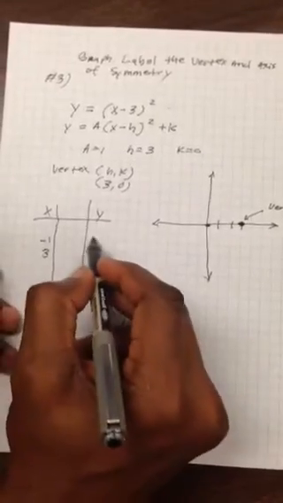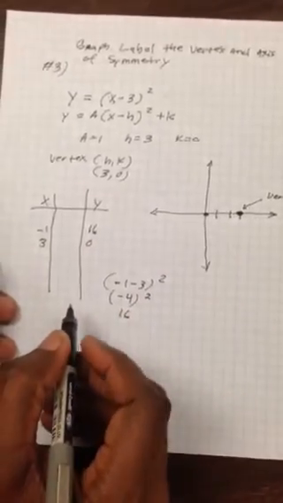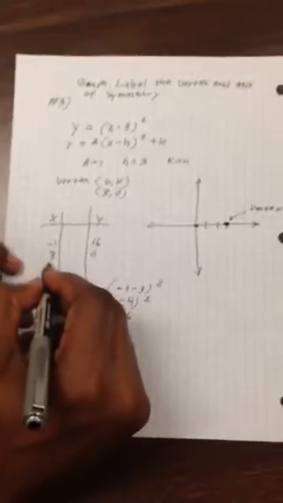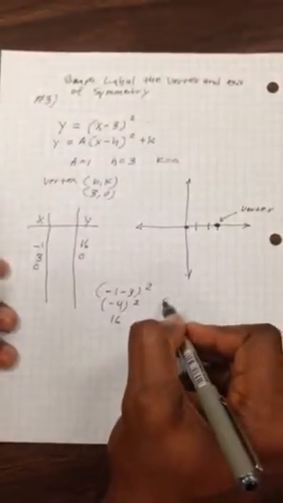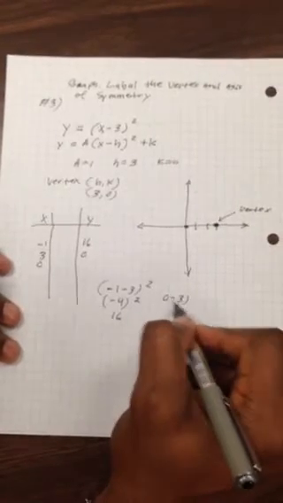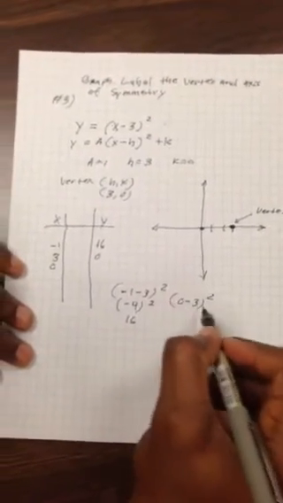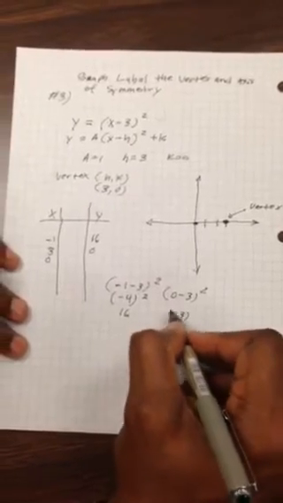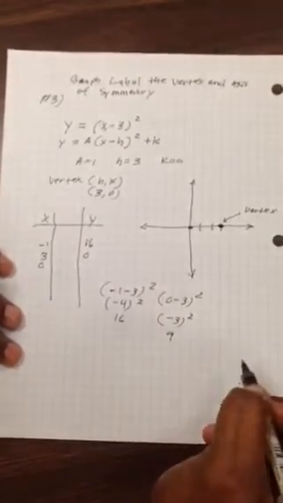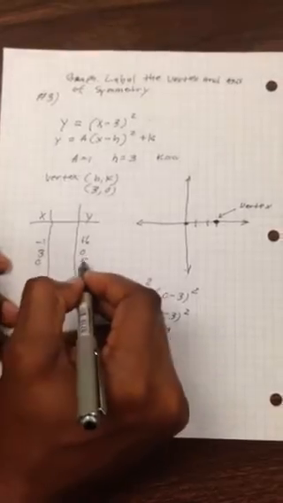So if x is negative 1, y is going to be 16. If I pick 0, 0 minus 3 is negative 3, and negative 3 squared is 9. So when x is 0, y is 9.